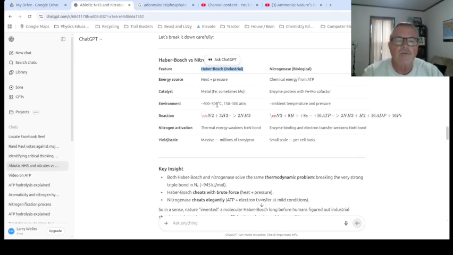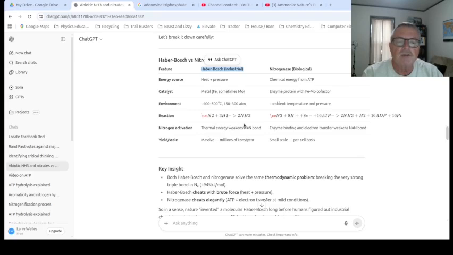Here's 400 to 500 degrees C, and super high pressure, 150 to 300 times atmospheric pressure. And then you have some kind of metal involved here, and then you can go boom, boom, boom to ammonia. Then you can create ammonia gas and put it in canisters for the farmer, or you can create ammonium nitrate, which creates a compound with this ammonia in there.